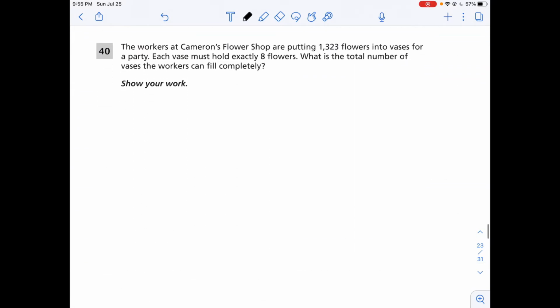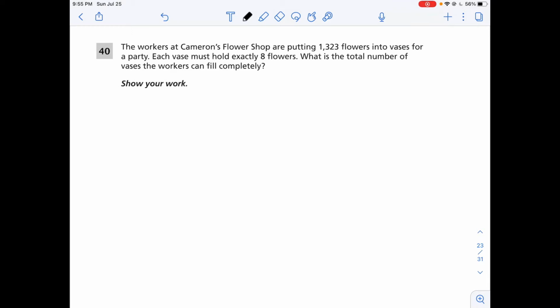Question 40. The workers at Cameron's flower shop are putting 1,323 flowers into vases for a party. Each vase must hold exactly 8 flowers. What is the total number of vases the workers can fill completely?